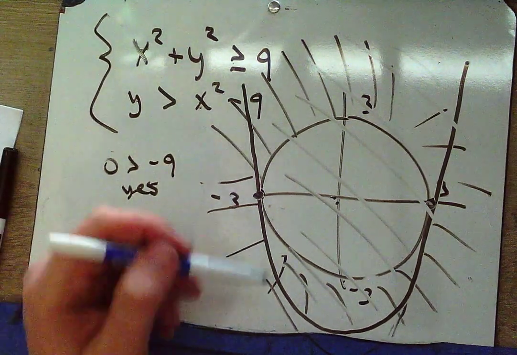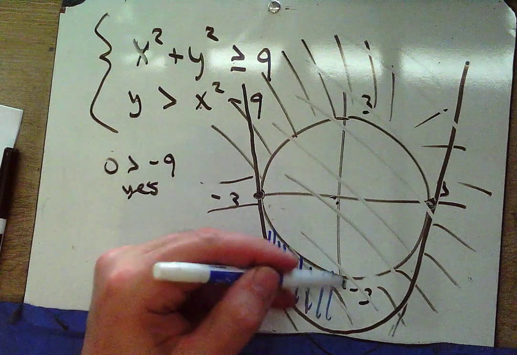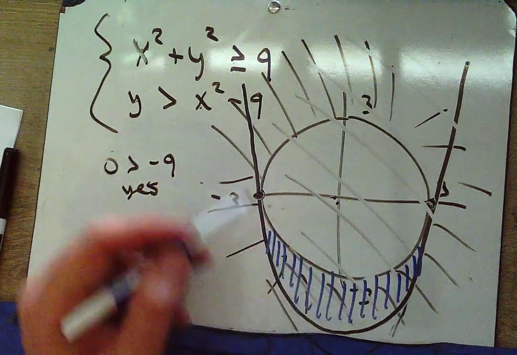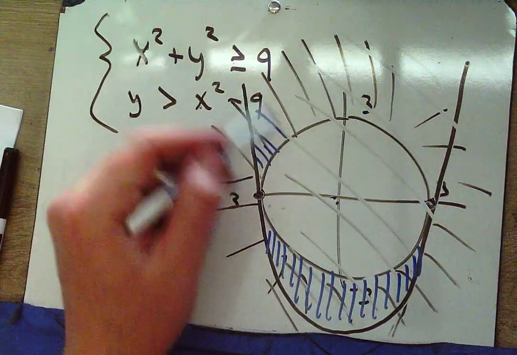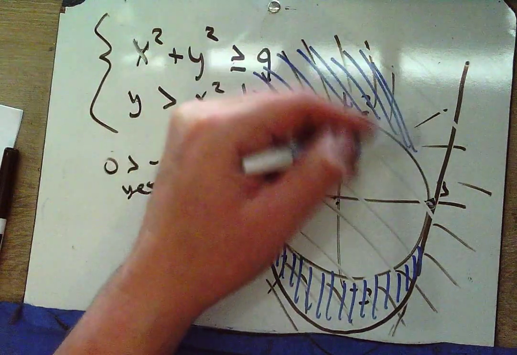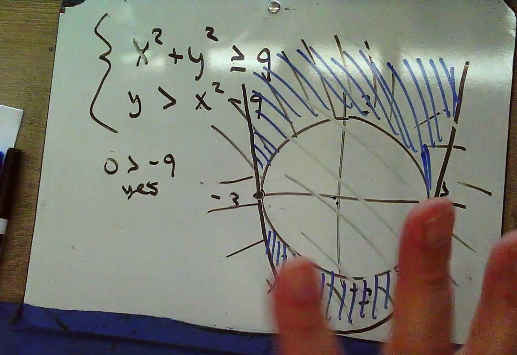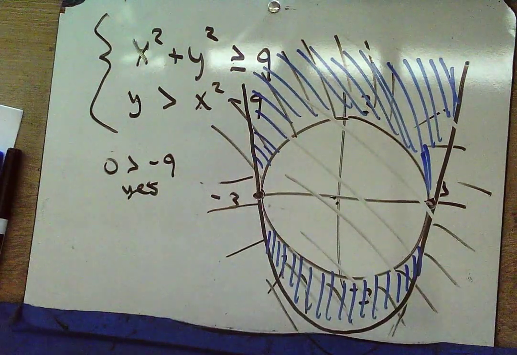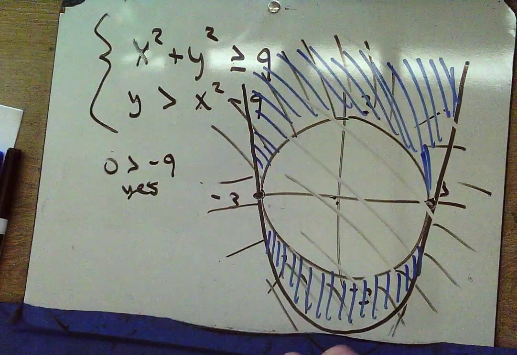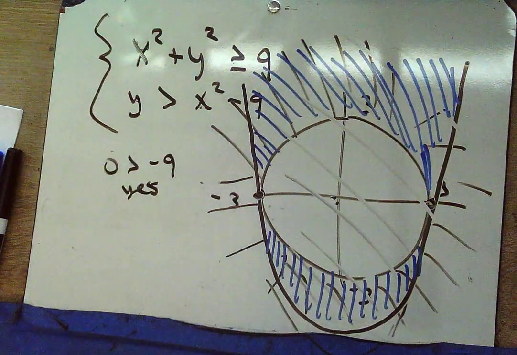Well, I see some overlap here. And I see some overlap here. So I could describe it using words by saying inside the parabola and outside of the circle. Okay? Nice. So you need to be able to go both forwards and backwards, but going forwards when you're given the system of inequalities is the more conventional approach.